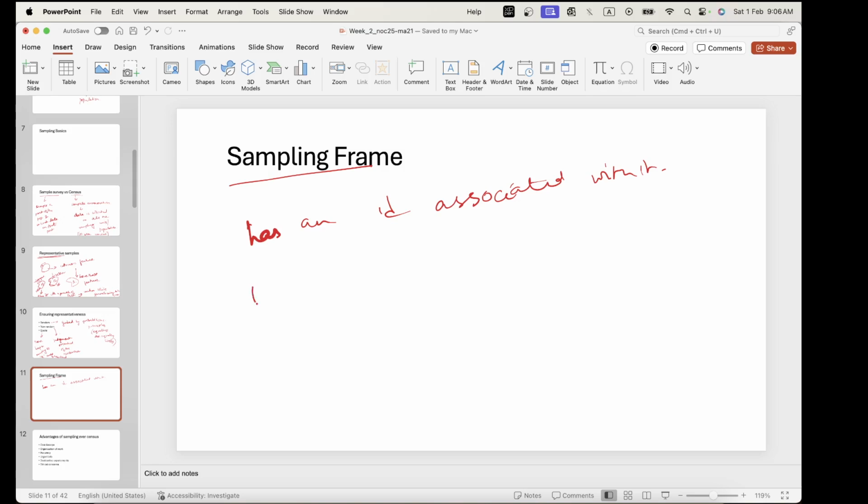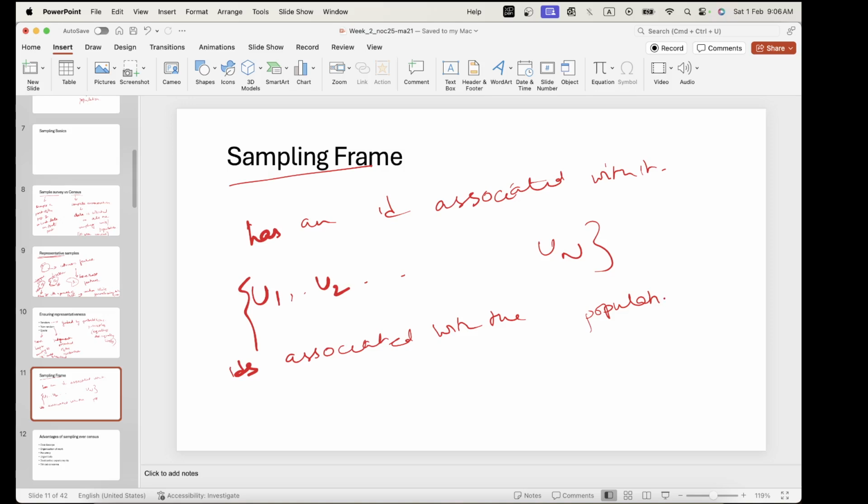If U1 to UN are IDs associated with the population, then this list is my sampling frame, because I am sampling from here.